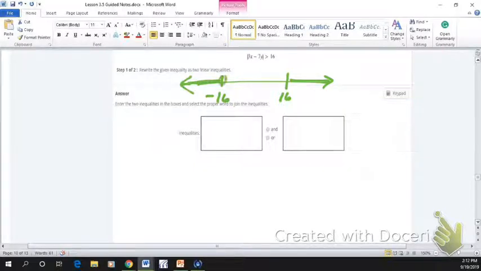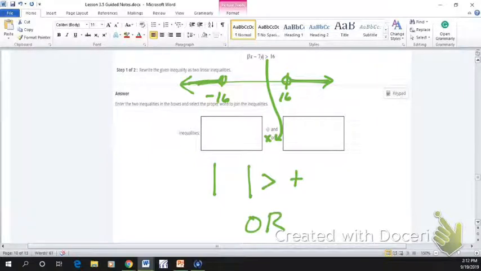So that's an or, because you can't be in both at the same time. Anytime you have a greater than, or greater than or equal to, with an absolute value, that means or.